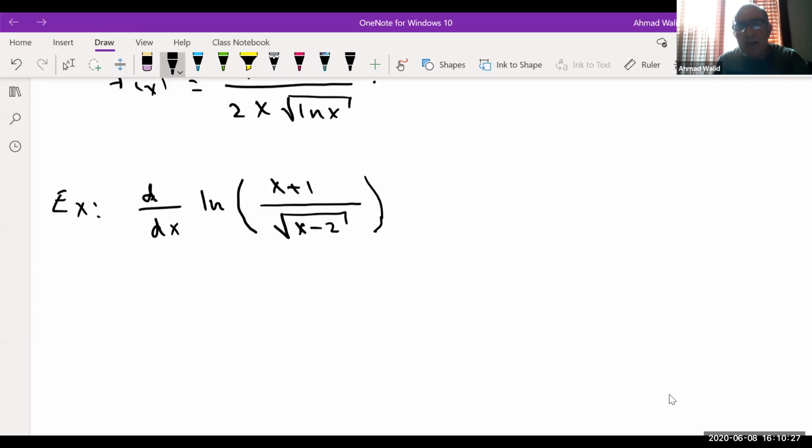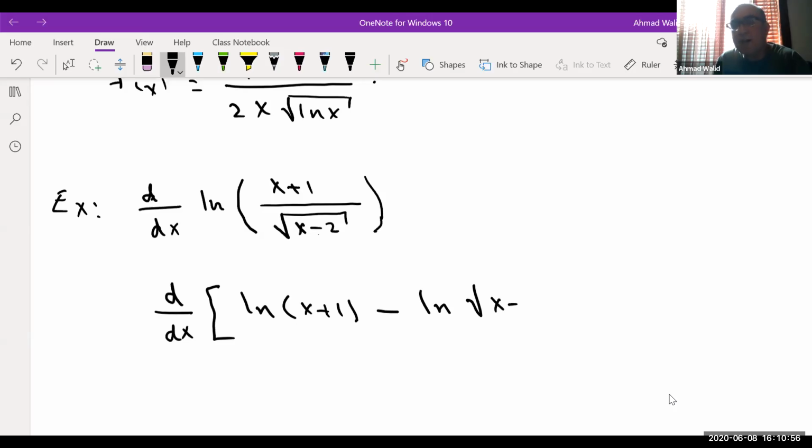Instead of ln of x plus 1 over square root of x minus 2, I can do this. I can write d dx of, it's the quotient rule. To change it to expanded form, it means the ln of numerator, ln of x plus 1 minus ln of denominator, ln of square root of x minus 2.